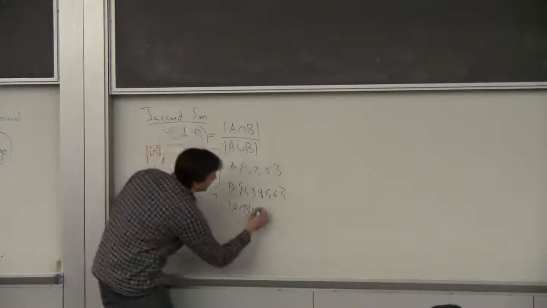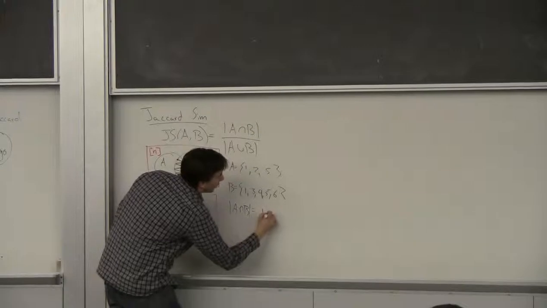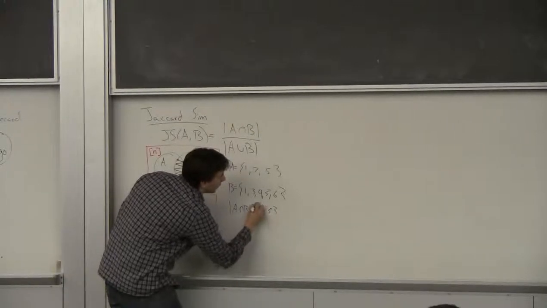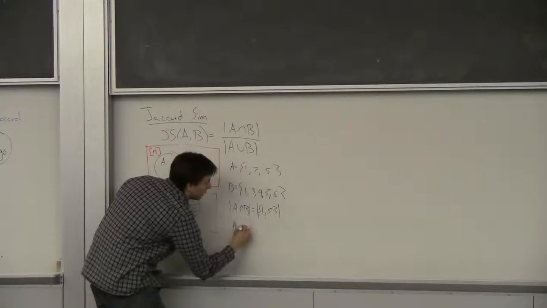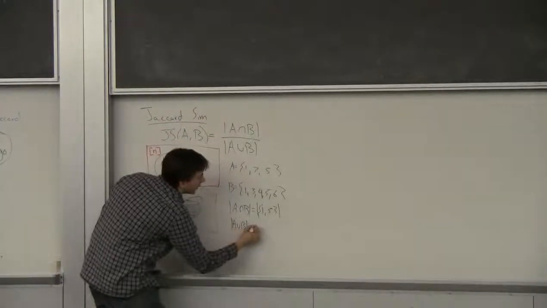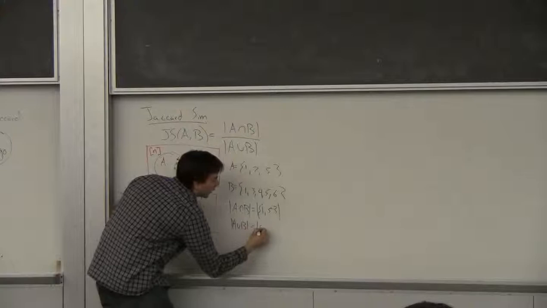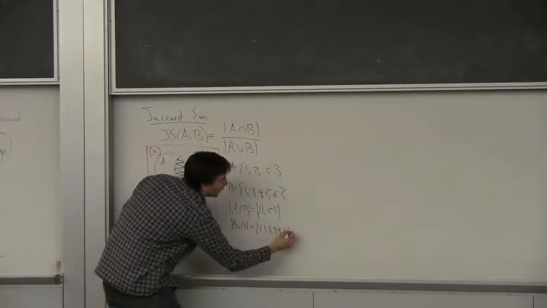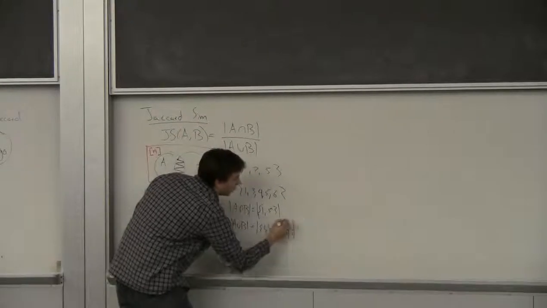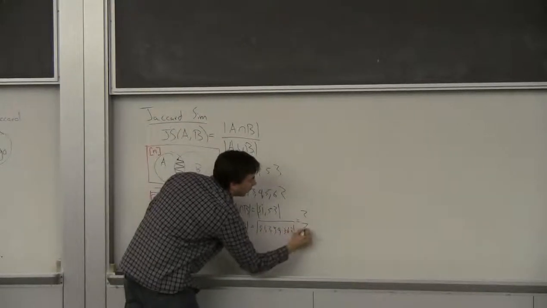This intersection is going to be {1, 5}, and this is the size of it, and the size of the union, which is {1, 2, 3, 4, 5, 6}, so this is going to be 2 over 6.